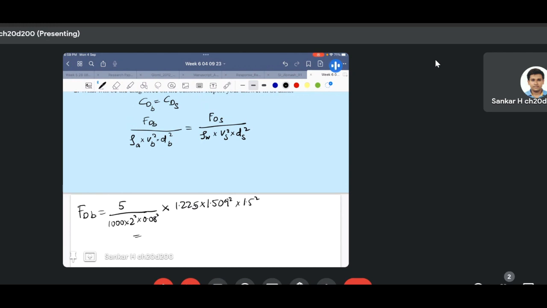Therefore, just by simply multiplying this, we'll get the value to be approximately equal to 1.312 Newton.